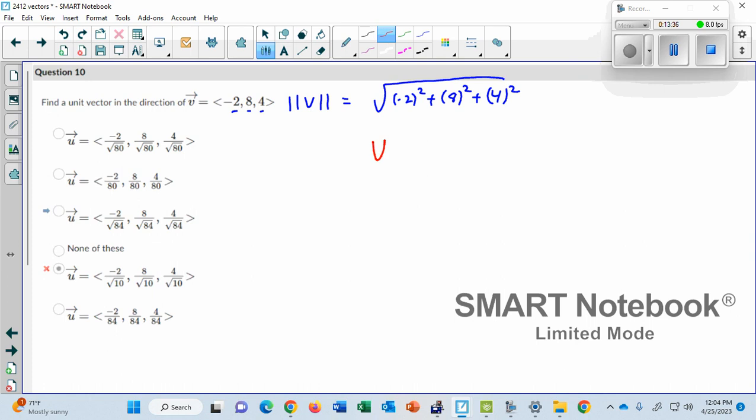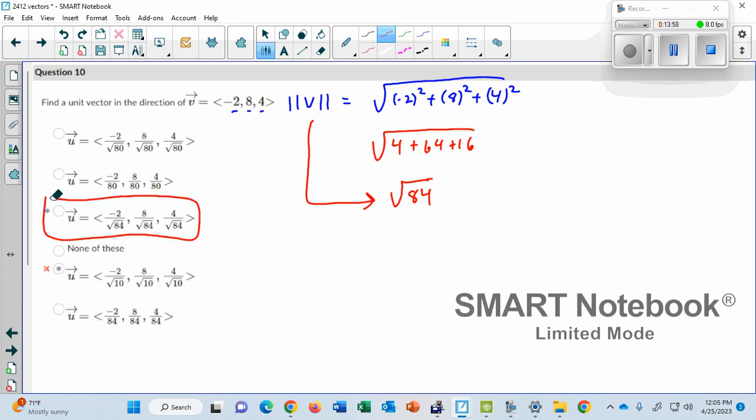And so let's see, we're going to get the square root of 4 plus 64 plus 16, and when we add that all together, it should be the square root of 84. So that is my magnitude, and then what we do is we just divide each component by the magnitude, and that's how we get to this as our result right here. So everything's just getting divided by the magnitude.